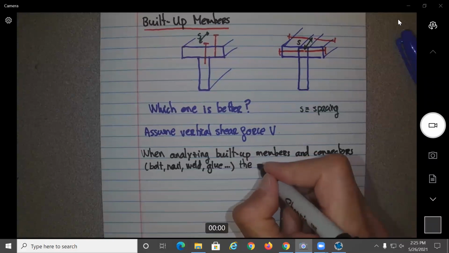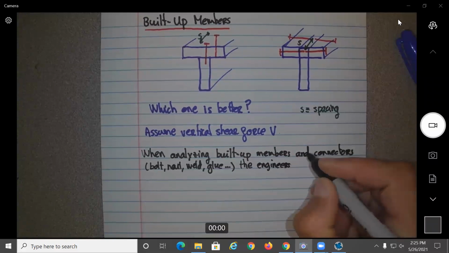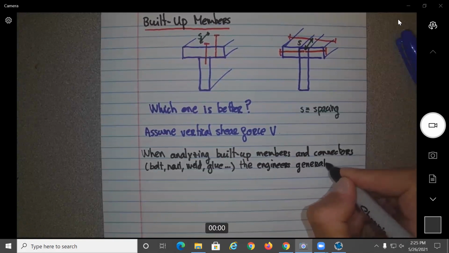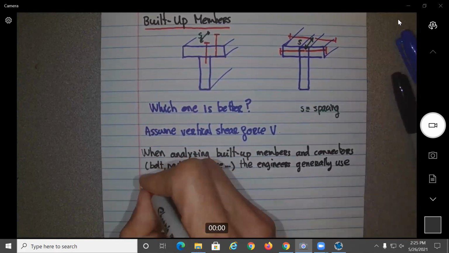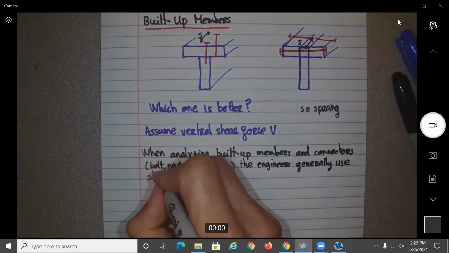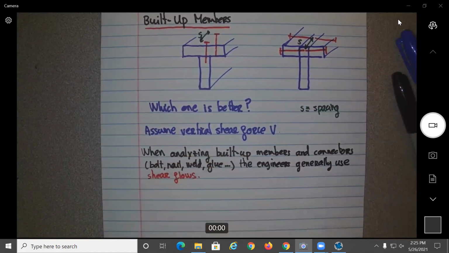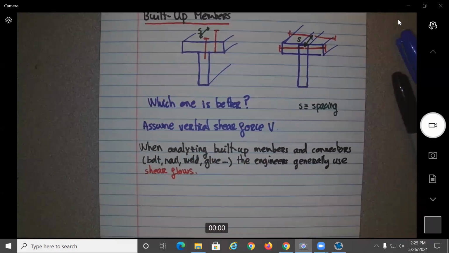The engineers generally use, instead of shear stresses, shear flows. So this is very easy now.